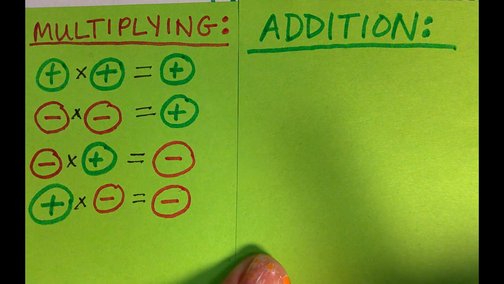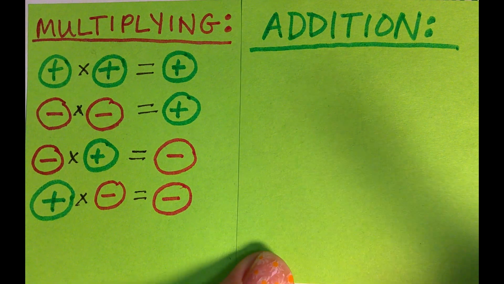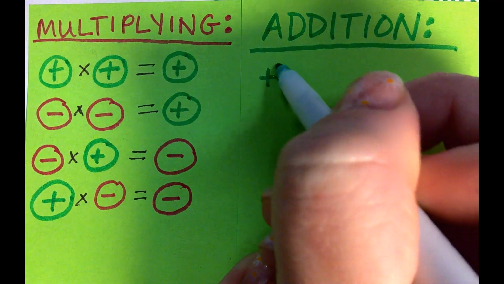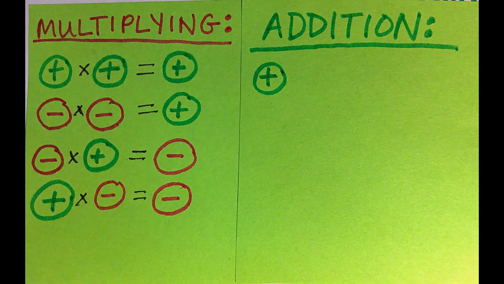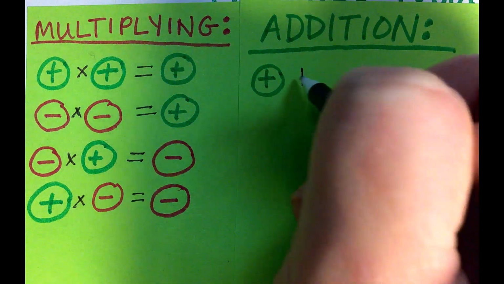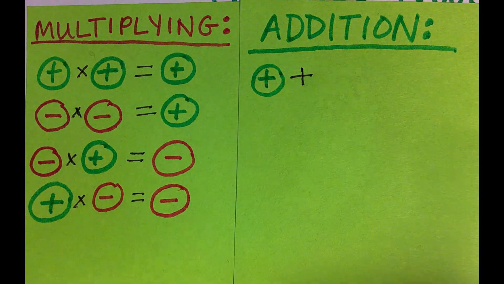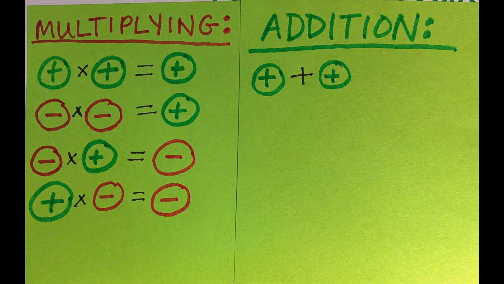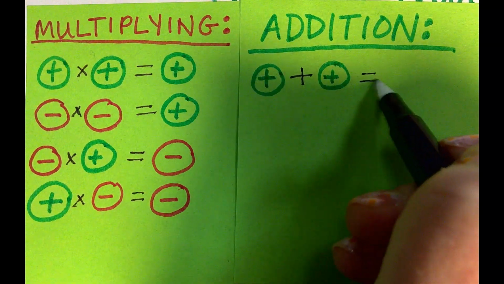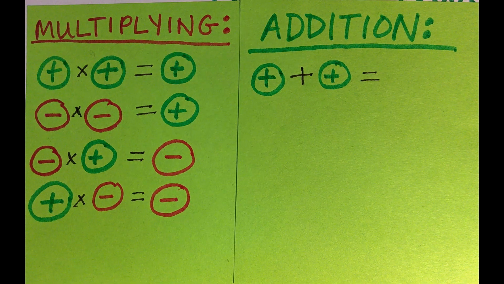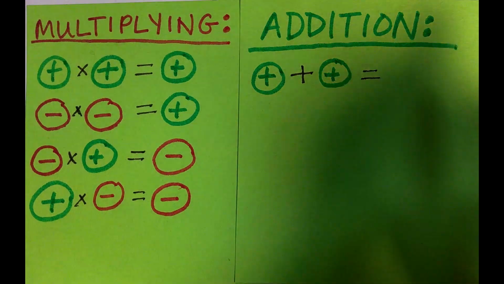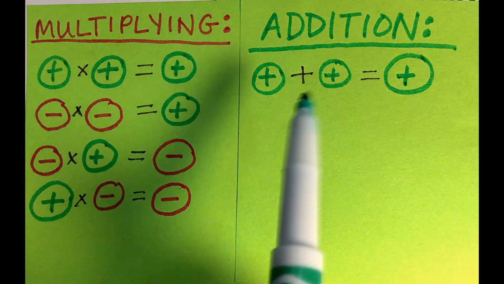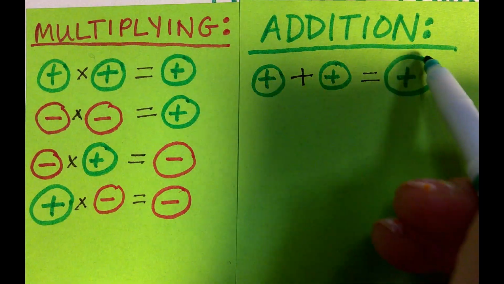Addition is a little bit more complicated. There's more things to think about. If I take a positive number plus another positive number, what kind of answer am I going to get? Positive. A positive answer. And that positive answer is going to be bigger than the numbers I started with. It will be bigger.